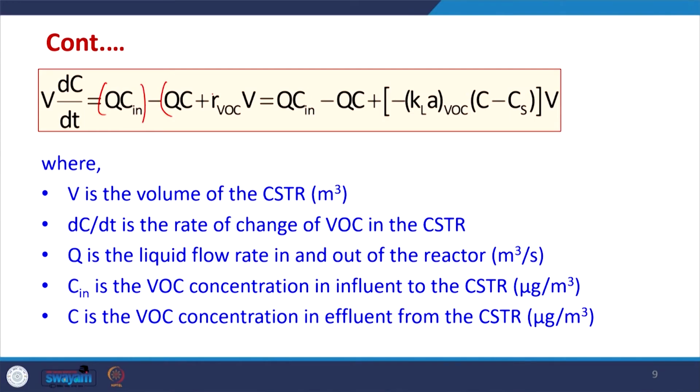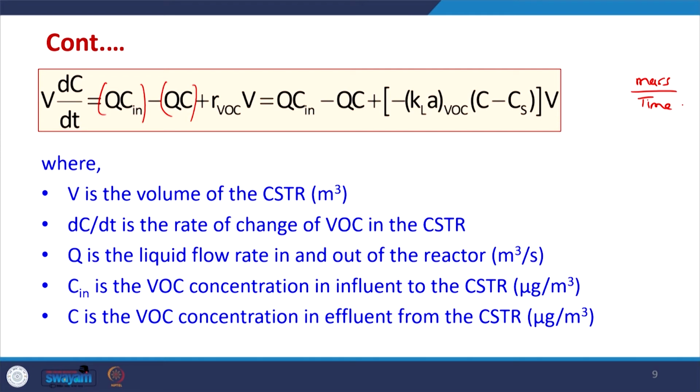Now, going further for writing the mass balance equation, there are different terms here, and each of the terms has a common unit, which is mass per unit time. So, this is the overall unit.